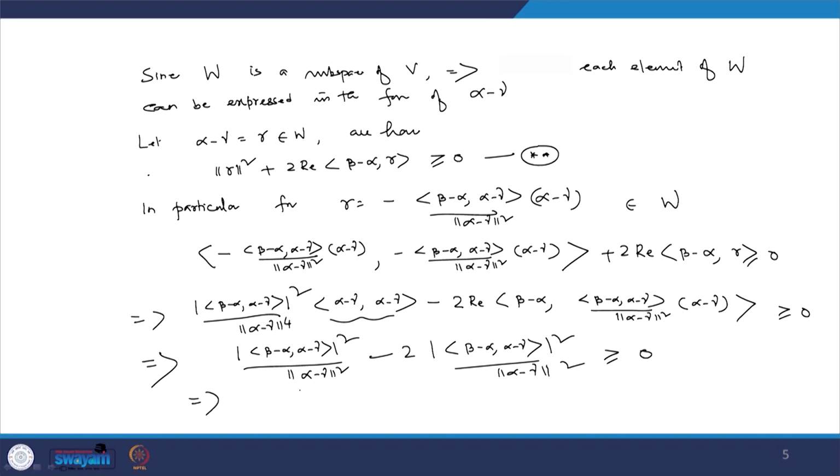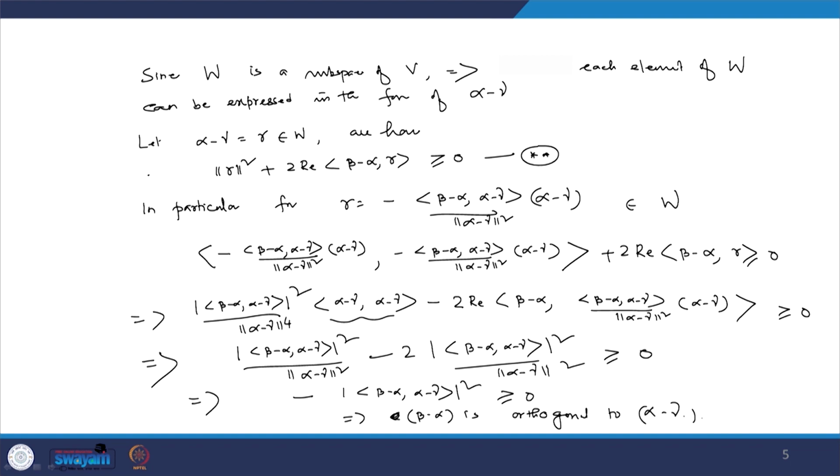So this implies negative of a positive quantity, the inner product of beta minus alpha and alpha minus gamma whole square, is greater than or equal to 0. A positive number is greater than or equal to 0 implies that certainly beta minus alpha is orthogonal to alpha minus gamma.